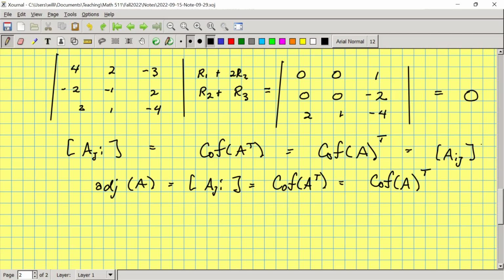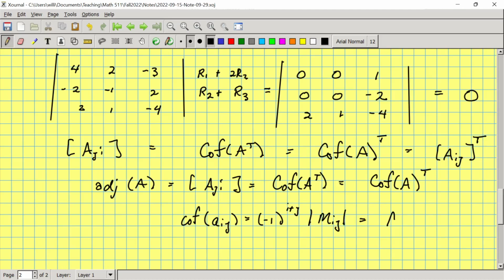And it was easy to show by just looking at, remember the cofactor matrix, oh, whoops. There. I left a T. The cofactor matrix of A is these capital Aij's, right? Where the capital Aij was the cofactor, which is the sign times the determinant of the minor. Remember in our notes, the cofactor of element aij is minus 1 to the i plus j, the sign, times the determinant of its minor.